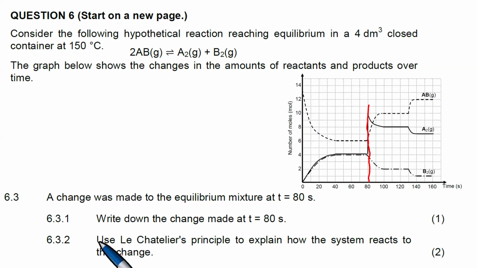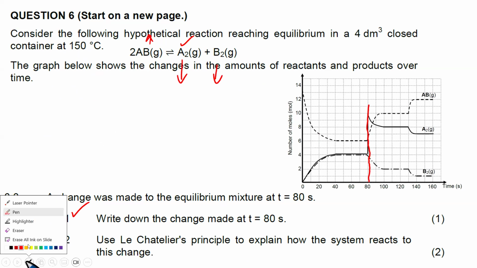Okay, why? Write down the change, because these are gases, and this is at a temperature of 150 degrees Celsius. What was the change that suddenly increased this one and decreased that?